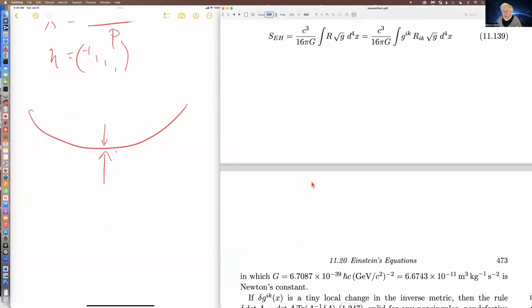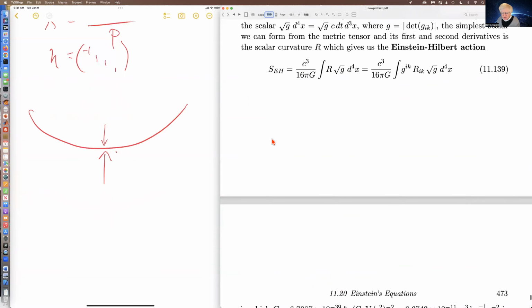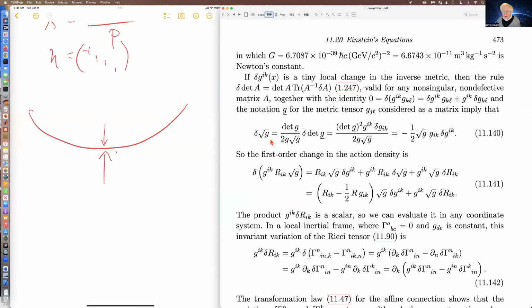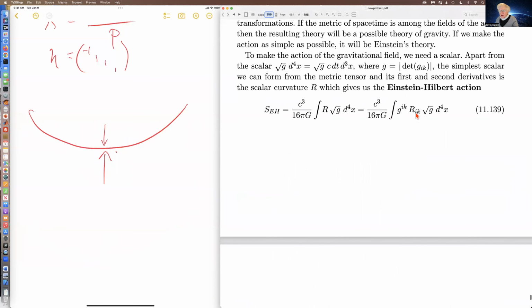And so we want to set the variation of this action equal to 0. So we look at the variation of the square root of g, and then we look at the other term.